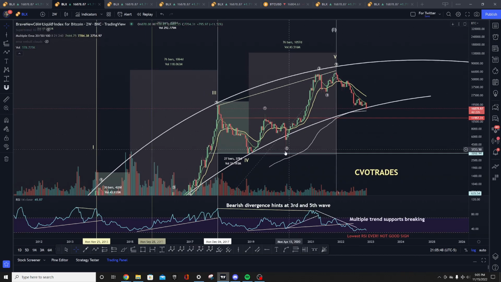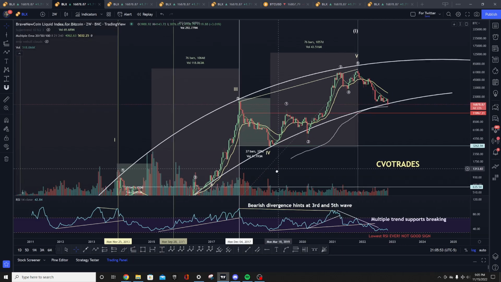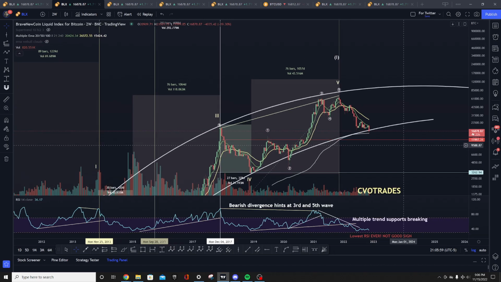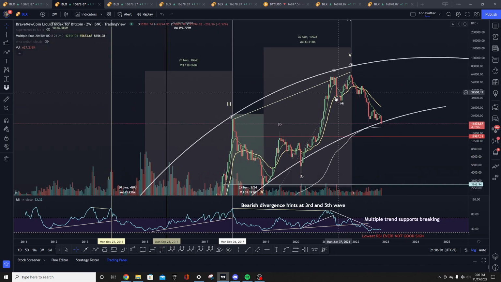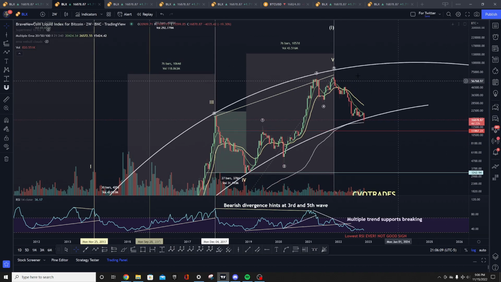For the cycle wave 3, it's a blow off top, and cycle wave 5 is like a lethargic move. This sub wave 5 is so small, where people expect the same thing as here, but instead you get a small little candle with low volume.